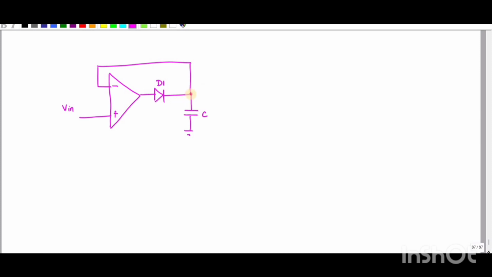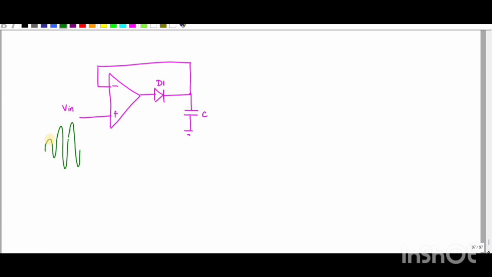Let us consider initially the capacitor is not charged, so it is 0, and this point is also 0 value, and I am giving a signal like this. So this is my input signal.